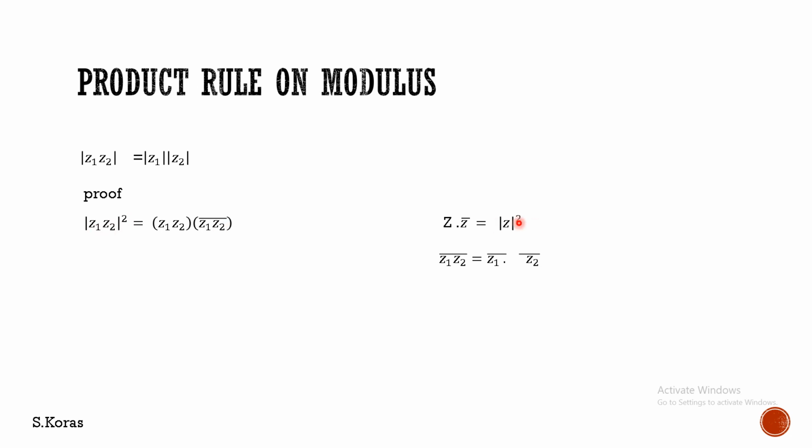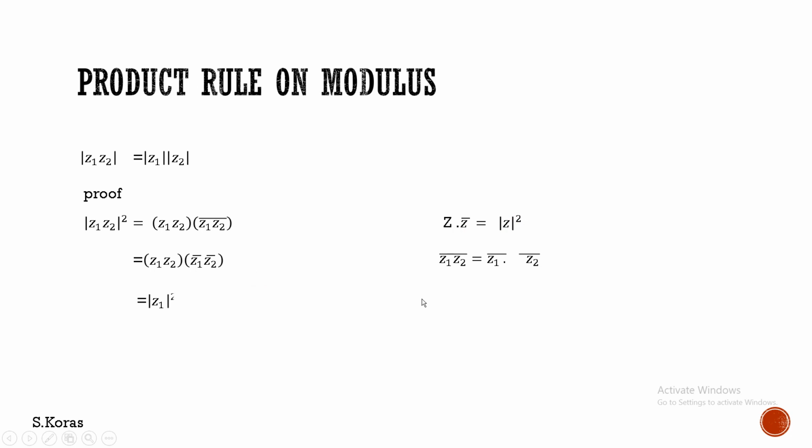Using this property, this can be written as complex number into its conjugate. So this complex number, that is z1 into z2, into its conjugate. Now we can apply this formula. z1 into z2 the whole bar is nothing but z1 bar into z2 bar. If you simplify this, z1 into z1 bar can be written as modulus of z1 square using this property.